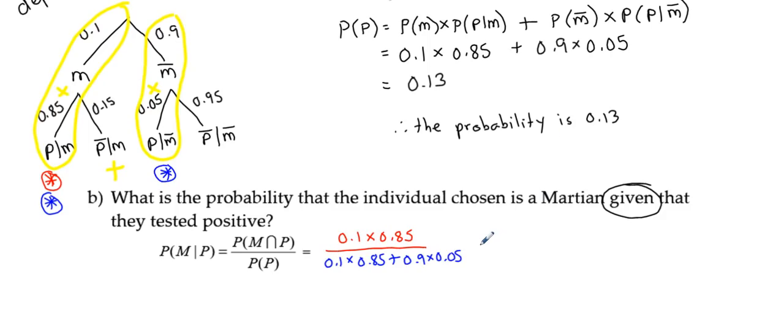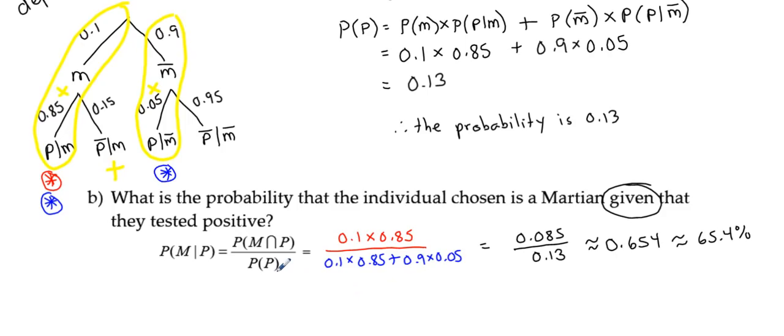So this works out to 0.085 over 0.13, and that is approximately equal to, when rounded, 0.654, which is basically about 65.4%. So that kind of gauges how good a test it is.